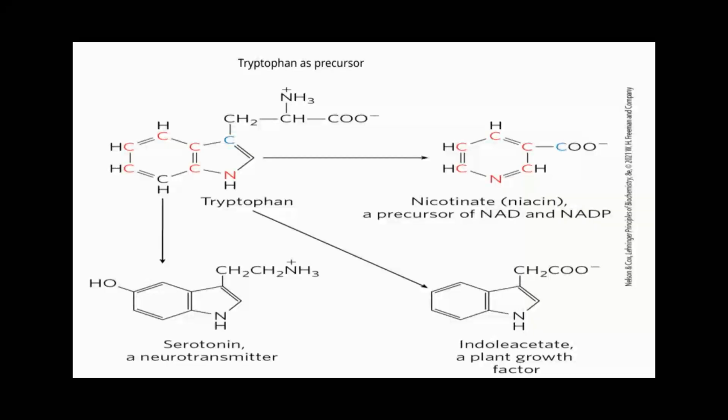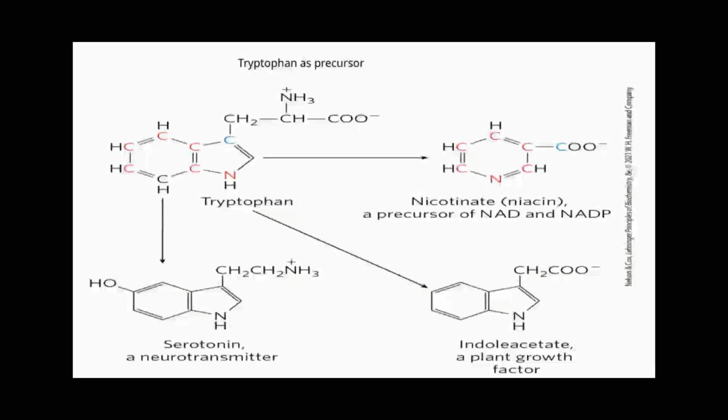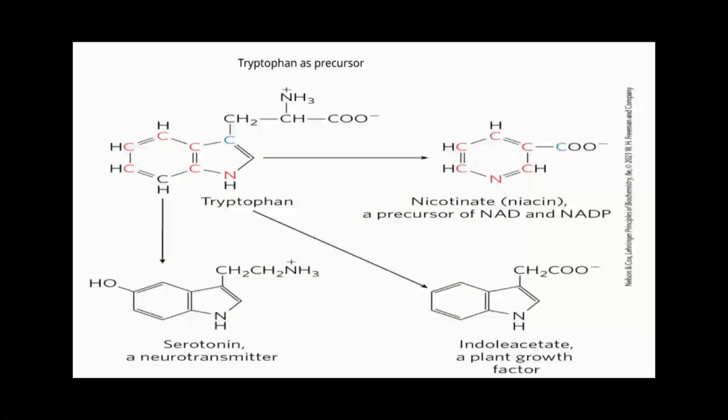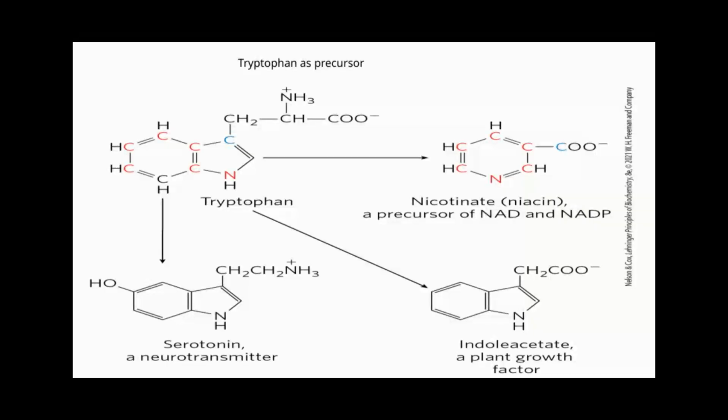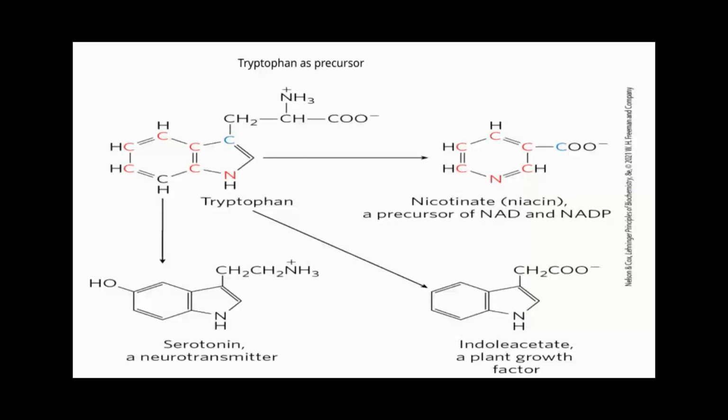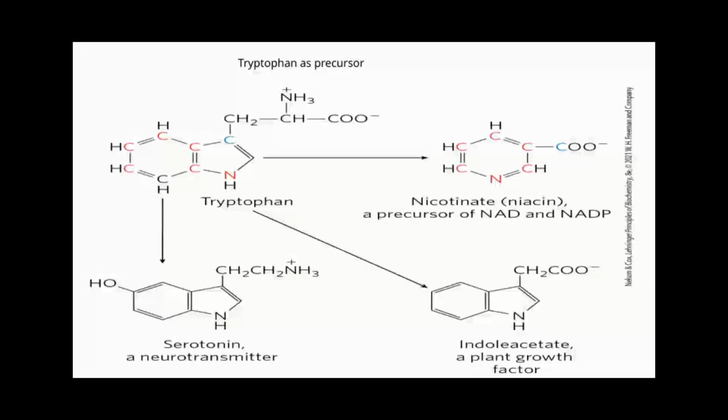Additionally, tryptophan is involved in producing niacin, or vitamin B3, which is vital for energy metabolism and DNA repair. So, understanding tryptophan as a precursor helps us see the bigger picture: how amino acids from our diet can be transformed into critical molecules that regulate many physiological processes. This links back to the overall theme of how nutrition influences health at a molecular level.